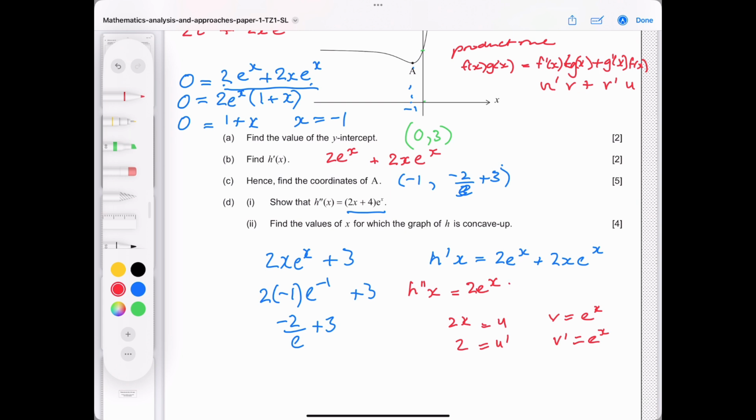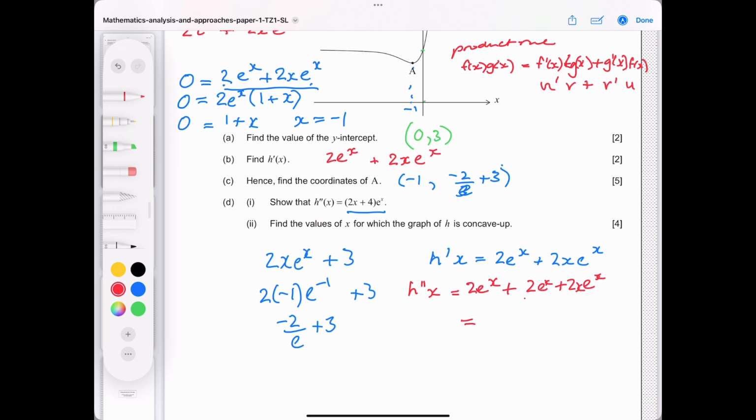So this is going to be plus 2 times e to the x, plus e to the x times 2x. So now we've got a ridiculous amount of e to the xs and 2xs and 2s. Let's see what we can take out of this to prove this is correct.